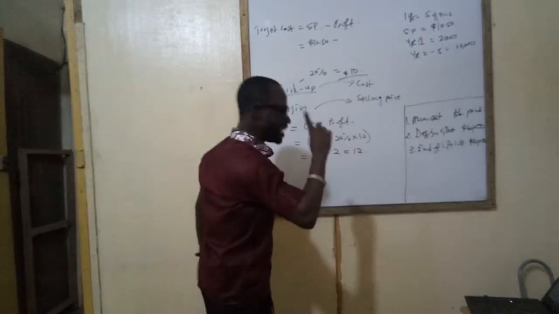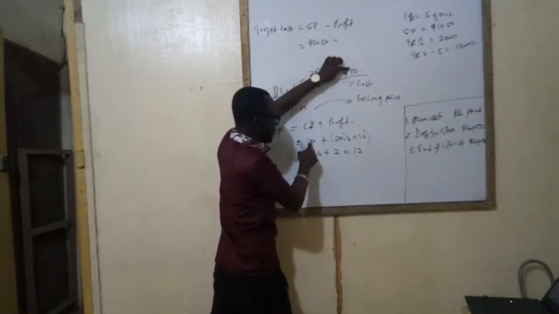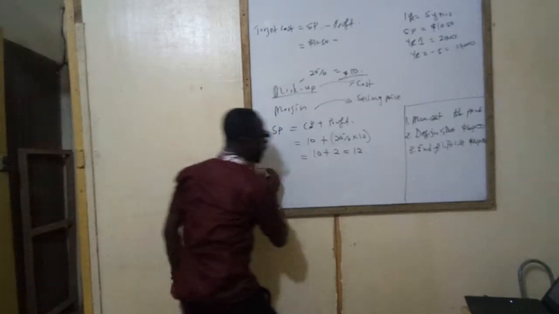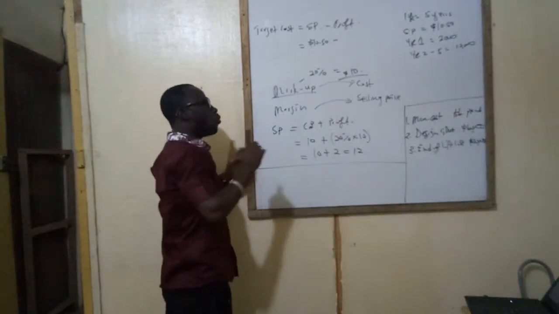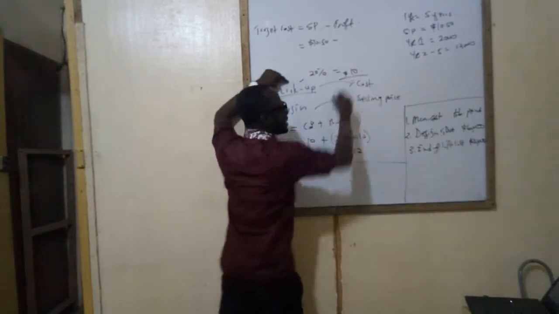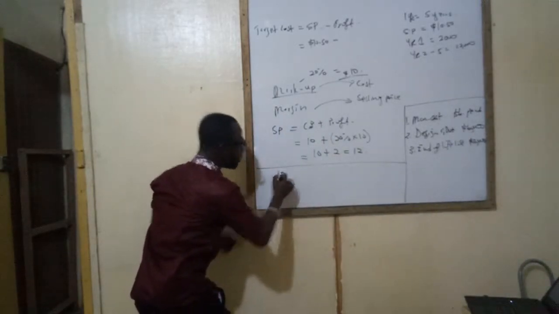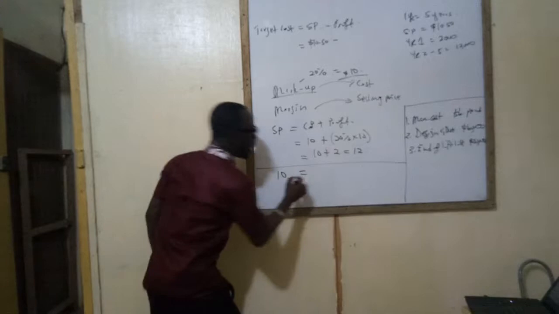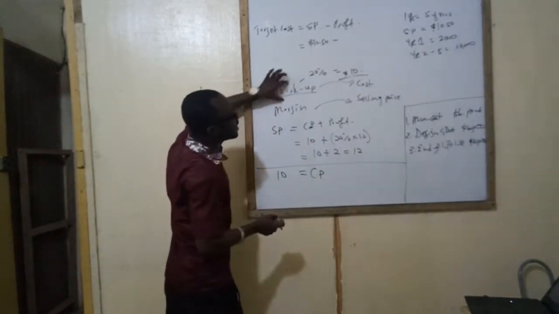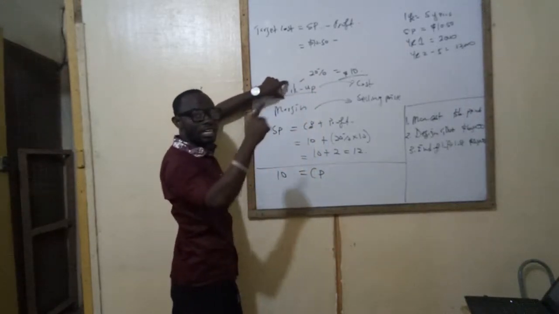Now listen carefully. I said cost price is 10 and markup is 20%. Look at the second scenario. What if I was given a markup of 20%, but this 10 is actually the selling price? So if I'm given the selling price to be 10 and I'm looking for the cost price, meaning I don't know the cost price, but the examiner has given me what? Markup. And I know markup should always be on what? The cost.